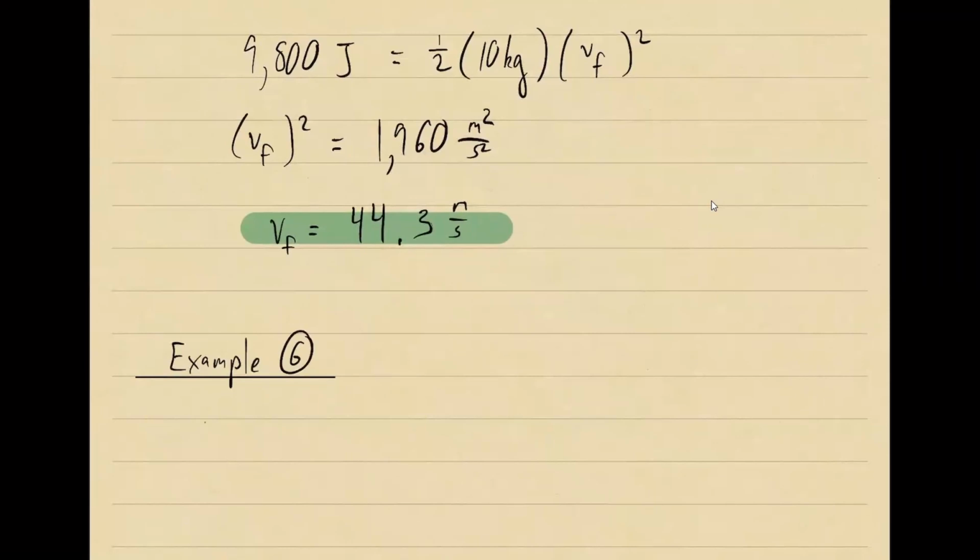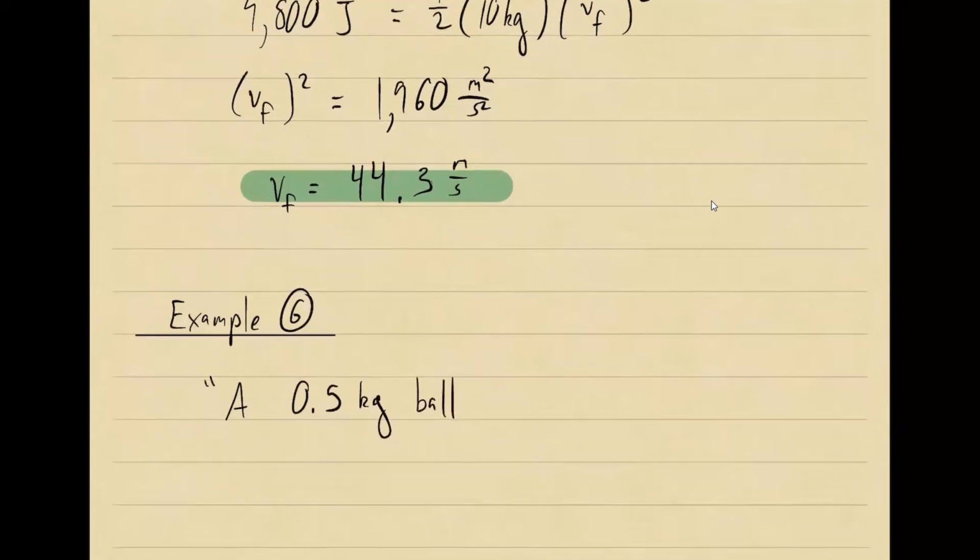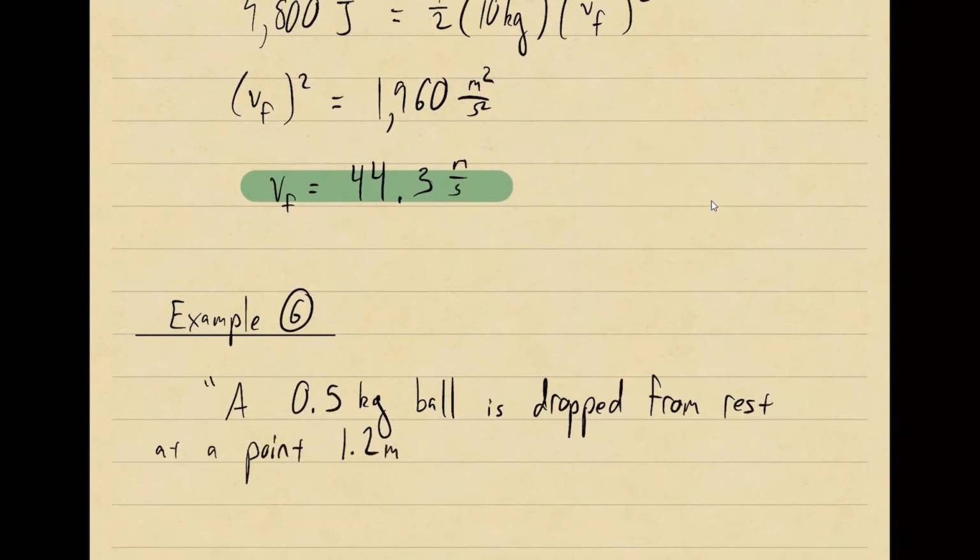So this says that a 0.5 kilogram ball is dropped from rest at a point 1.2 meters above the floor.